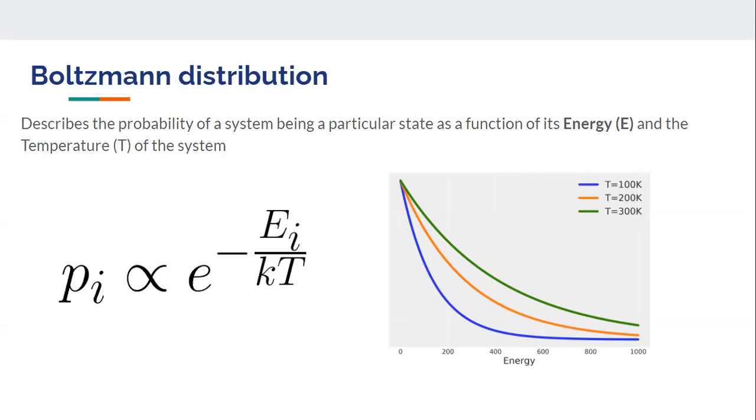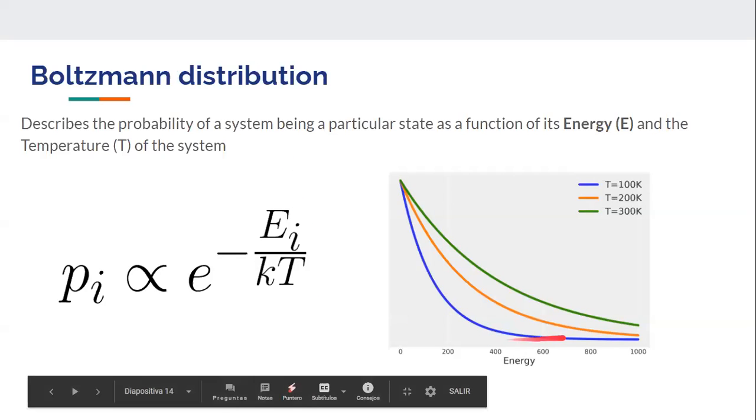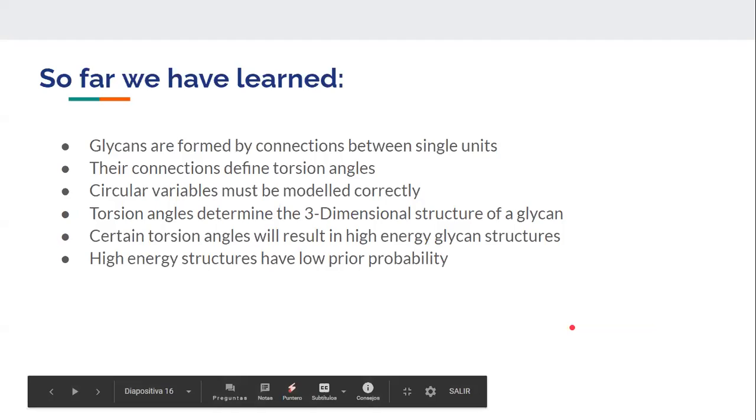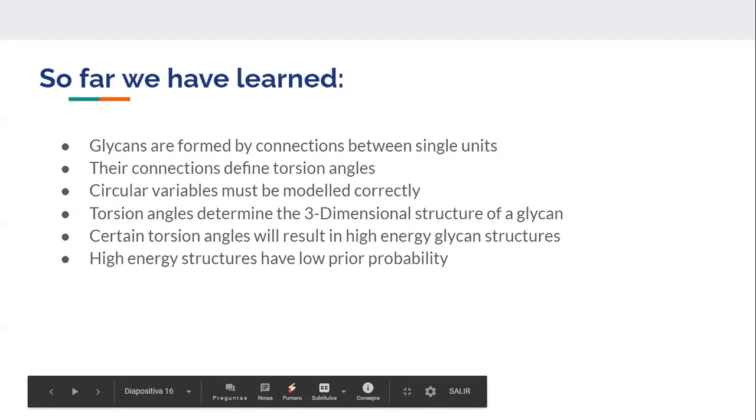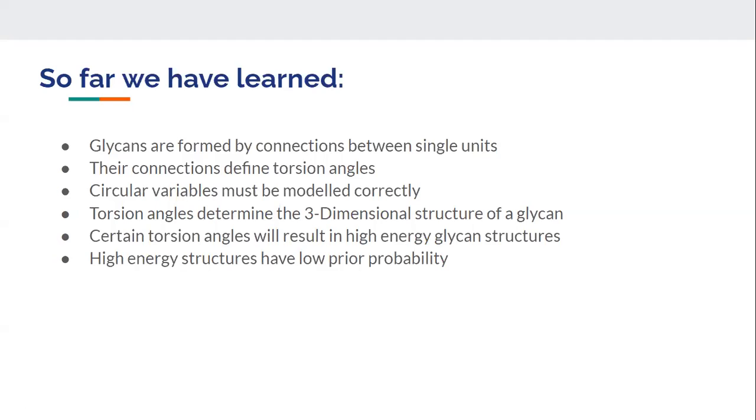Okay, so in this slide, I will try to summarize the key concepts I have talked about. These are the ones you need to understand the model. So far, we have learned that glycans are formed by connections between single units, that their connections define torsion angles, and as they are circular variables, they must be modeled correctly.